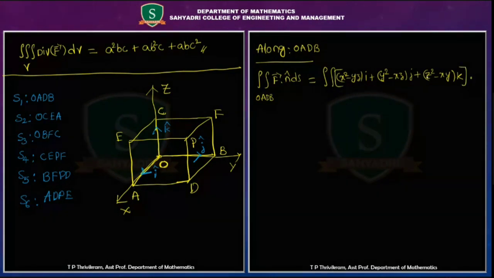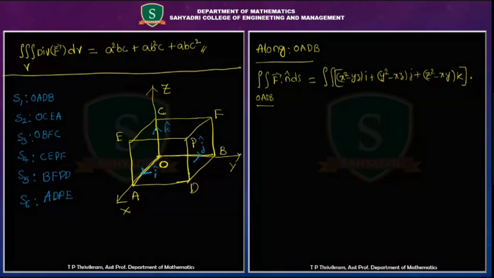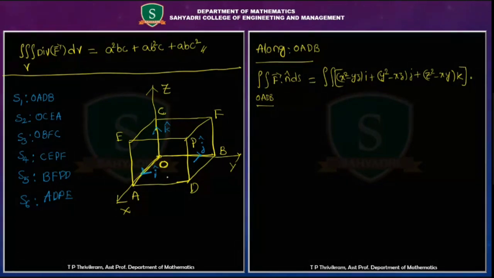To identify n cap, observe this side OADB. OADB is in which plane: XY plane, YZ plane, or ZX plane? It is the down part of the box. So you need to identify in which plane it is located. OADB is in the XY plane.